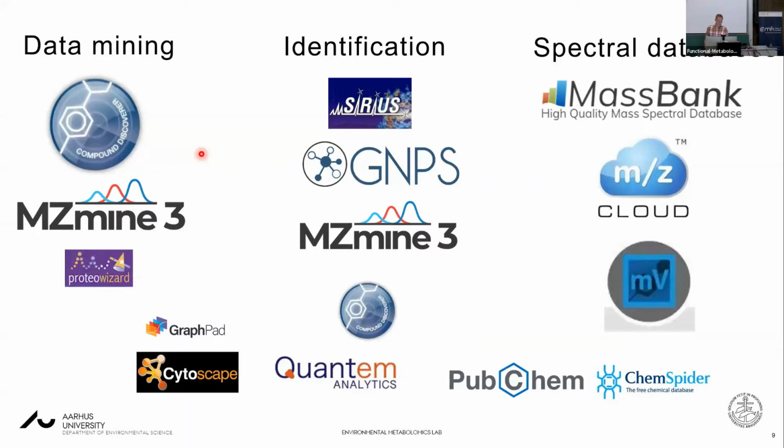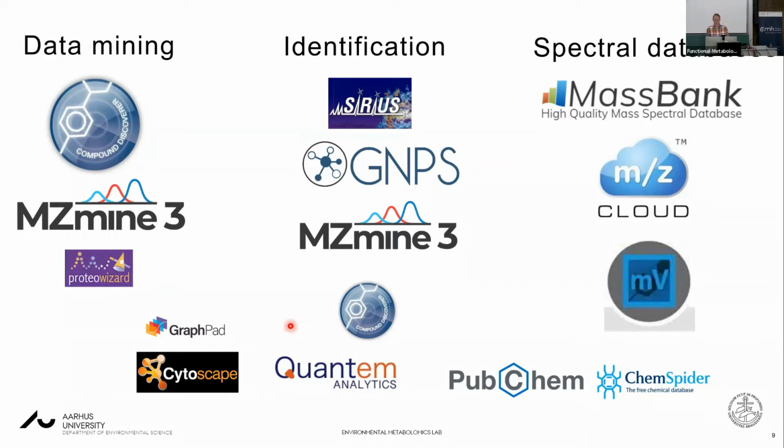So then Molato developed this nice workflow that we are using. We are using a mix of Compound Discoverer and MZmine, and everything goes into GNPS and Cytoscape in the end. Molato is working on that at the moment.